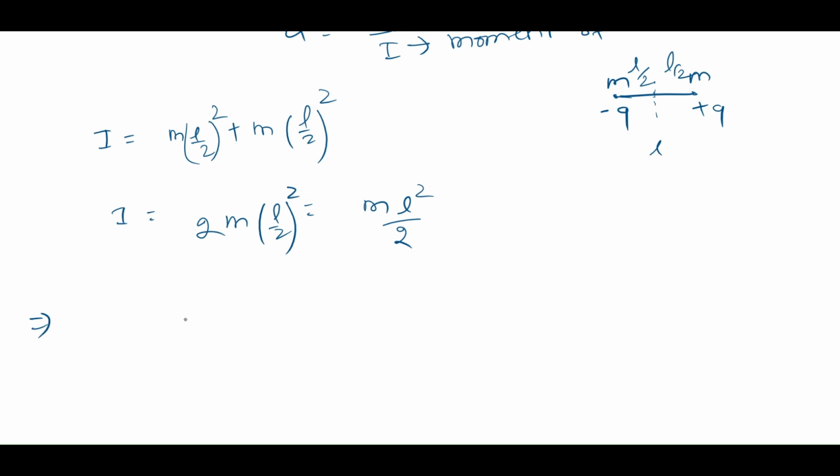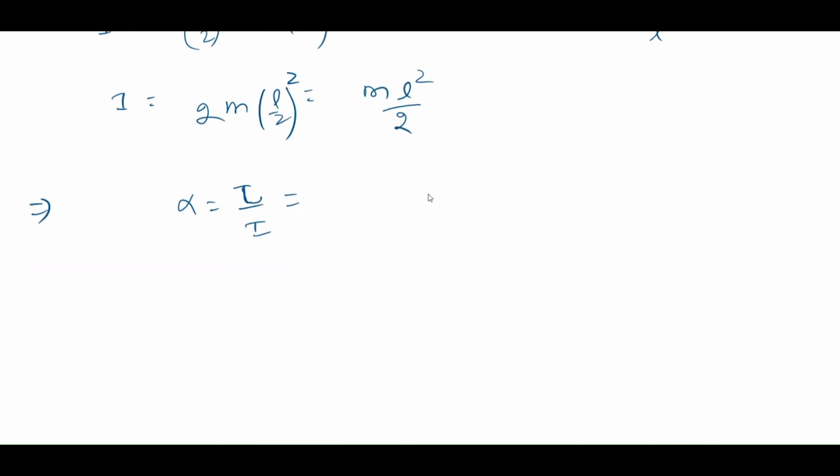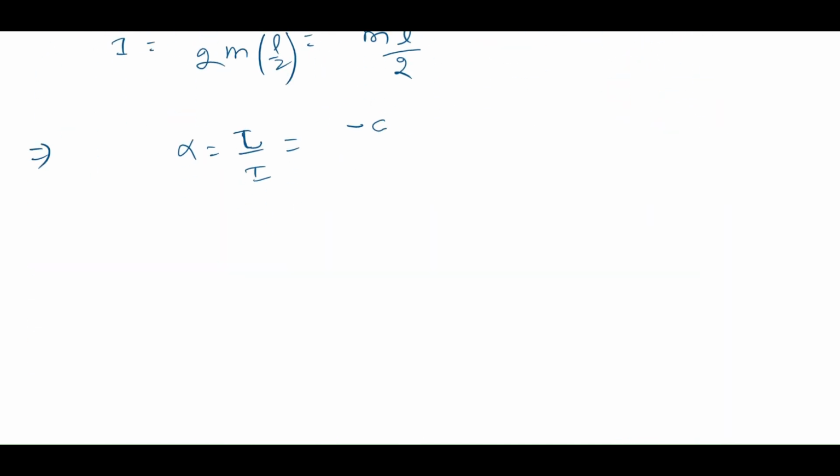So alpha is equal to tau by I. The value of tau is minus Q L E theta, and the value of I is m L square by 2.